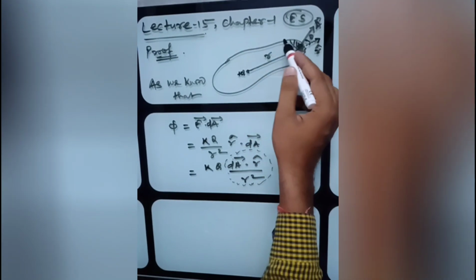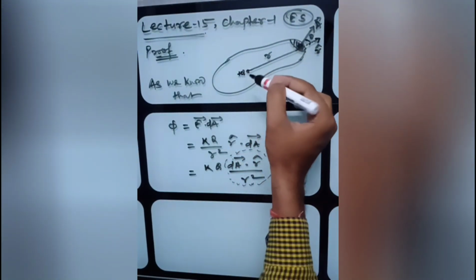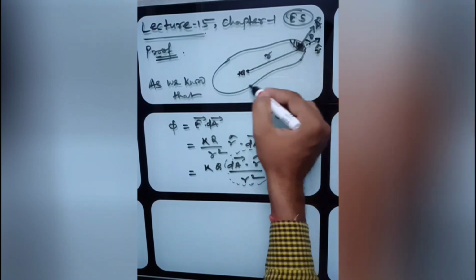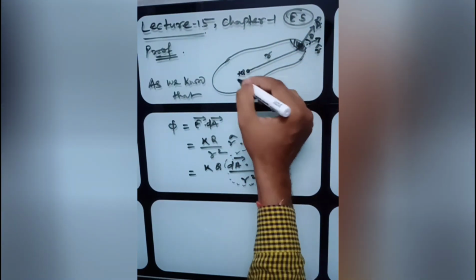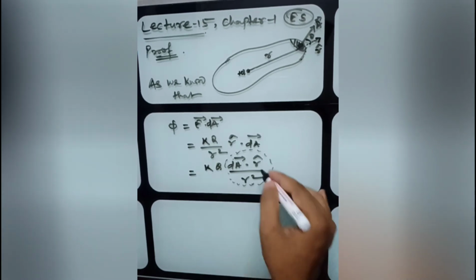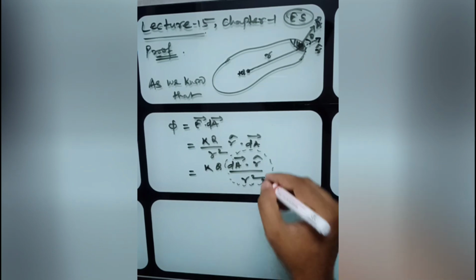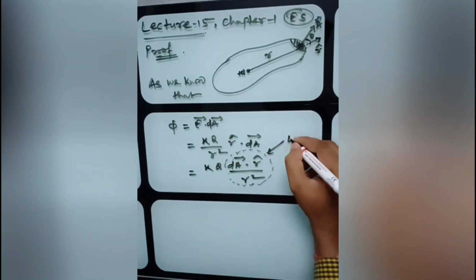Since this particular shape encloses the charge completely, we have to take the total solid angle about this point. And we know that the total solid angle about any point is how much? It is 4 pi.